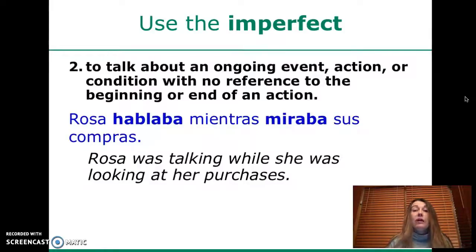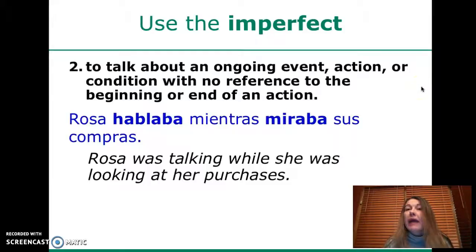She was talking while she was looking at her purchases, or she talked while she looked at her purchases, right? We don't know when she started talking. We don't know when she stopped talking, right? We don't know when she stopped looking at her purchases or when she started looking at them. We just know that they're both occurring at the same time, okay?